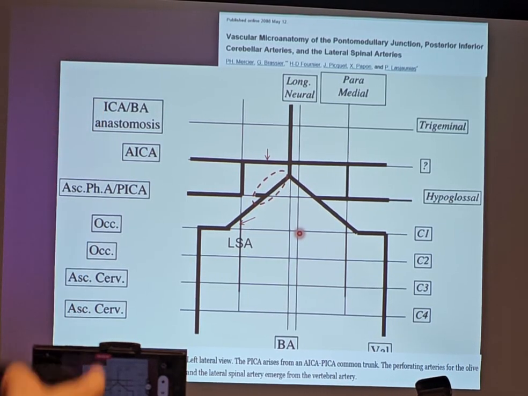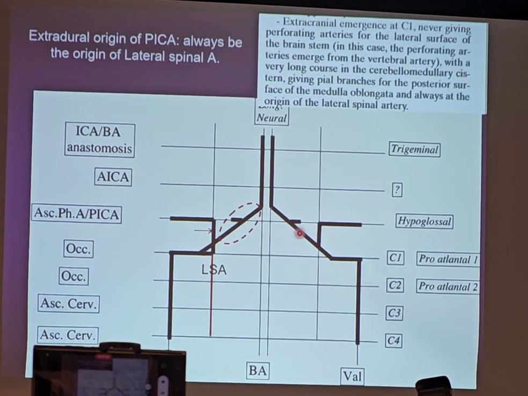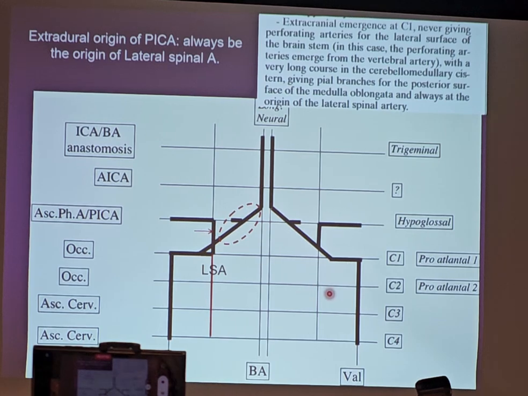Okay, we will explain this, because this is his work published years ago. And extradural: now you have a C1 extradural PICA, so now it's far away from the midline. Again, the vertebral artery will be the one who takes charge of the ventral perforators.